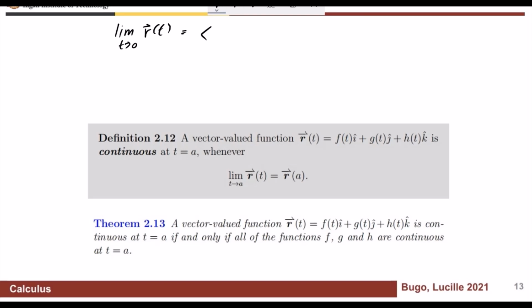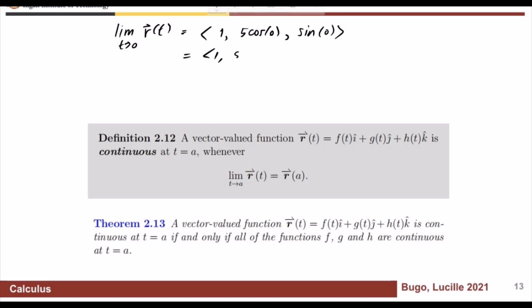For the first one, substituting 0 for t, we get 0 squared plus 1, so we get 1. Then the limit of 5 cosine t as t approaches 0 is 5 cosine 0, and the limit of sine t as t approaches 0 is sine 0.